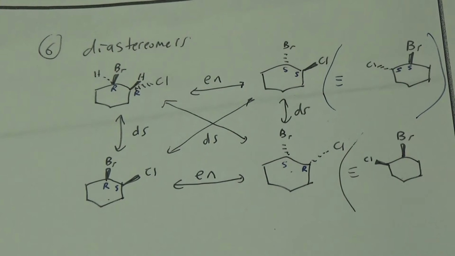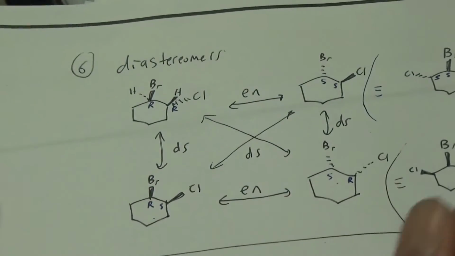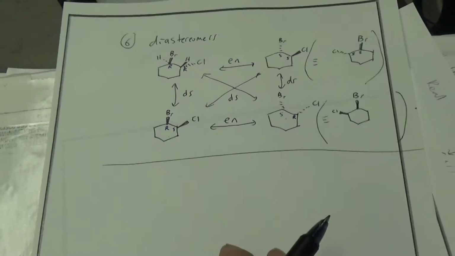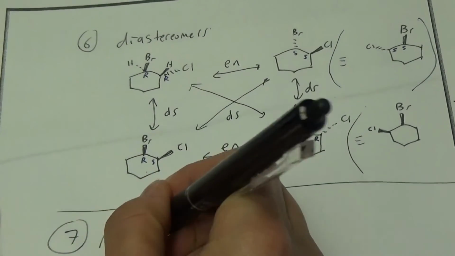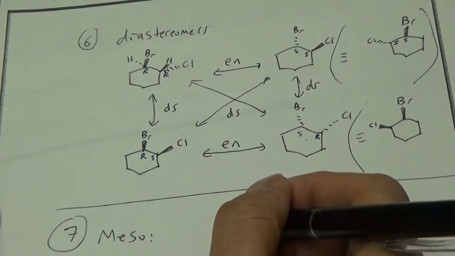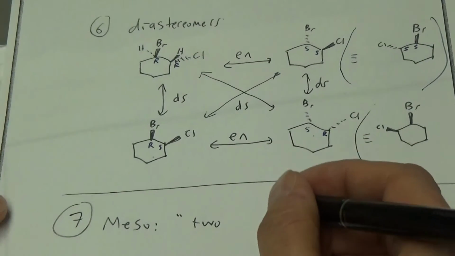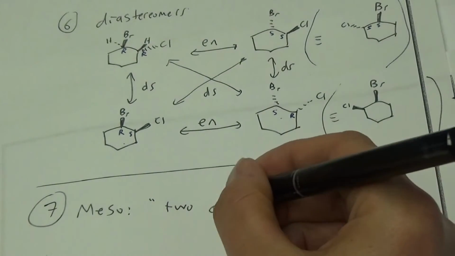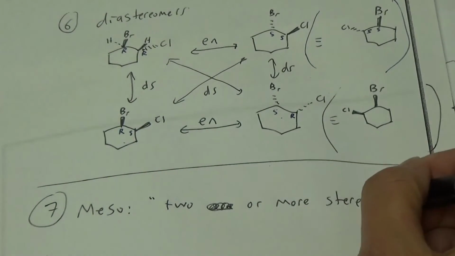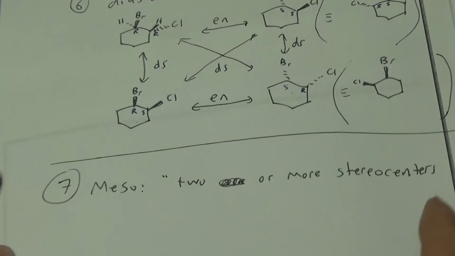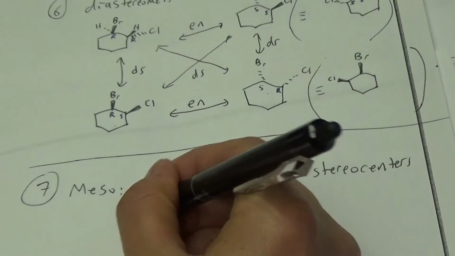Alright, so let's talk about meso. We talked about meso before. Let's talk about it again. So meso molecules have 2 or more stereocenters, chiral centers, but they have a plane of symmetry.